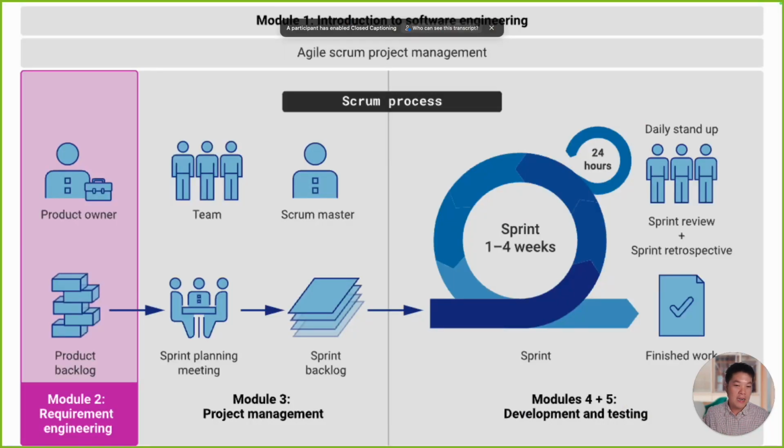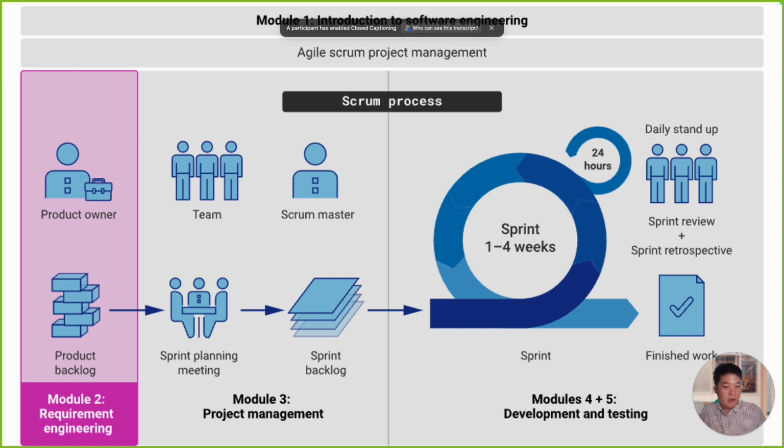I'm just going to go back to this overview picture again. As I mentioned before, this is a software engineering unit, and we're going to learn the lecture content and make sure that everything is aligned with Agile Scrum project management. It's going to be a journey, and right now we are still at the requirement engineering phase.